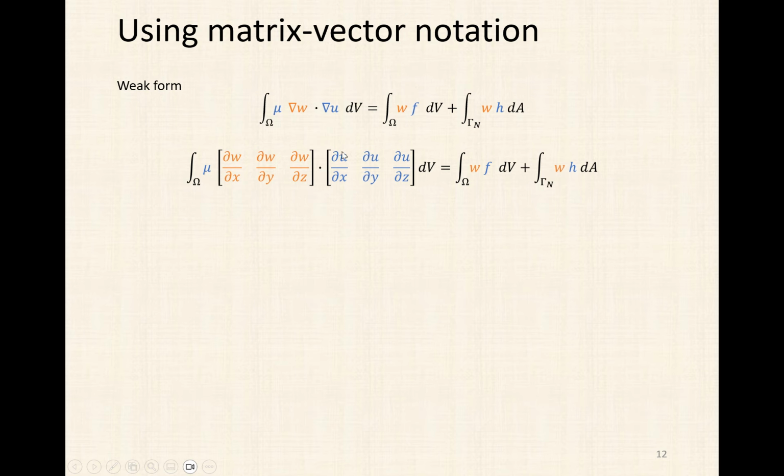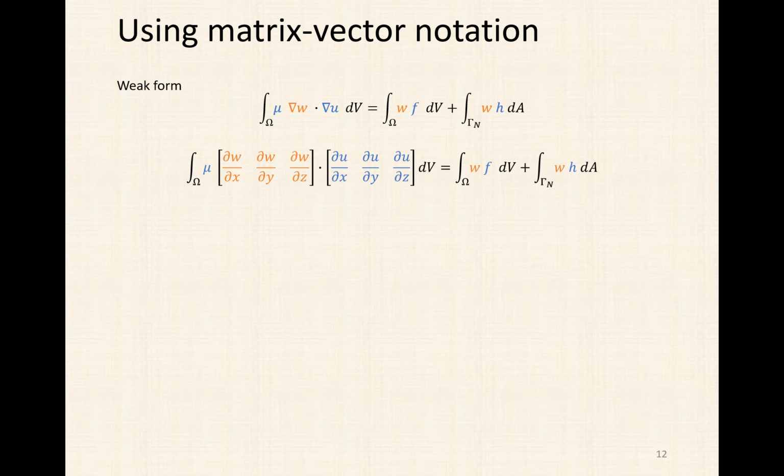But if you want to write it in matrix form, we need to be careful about whether a term like del u or del w is a row vector or a column vector.